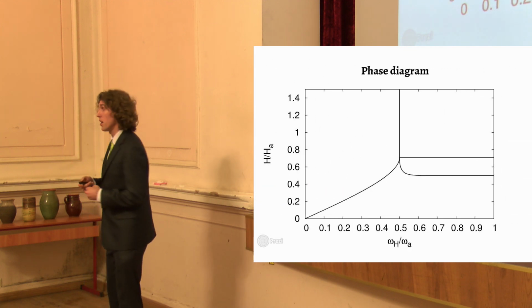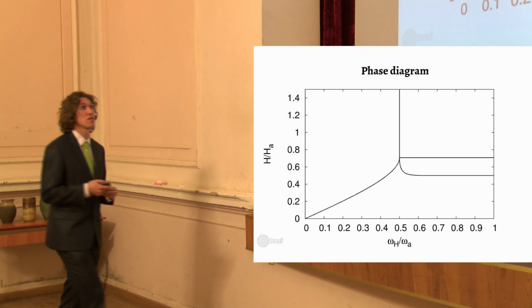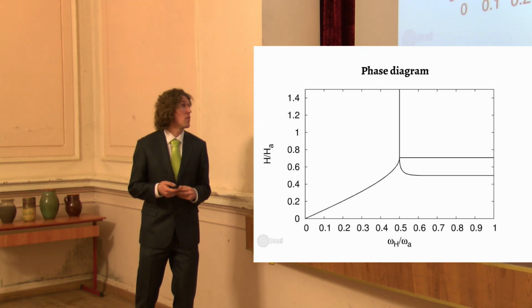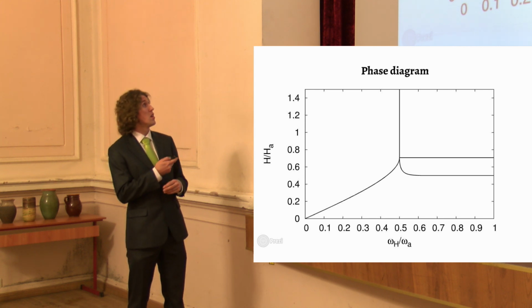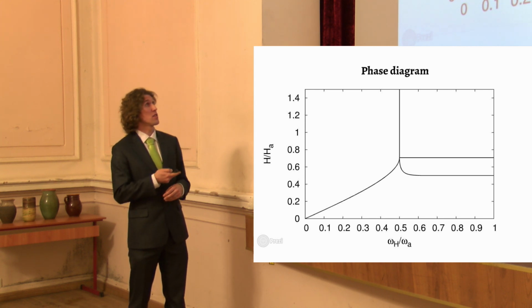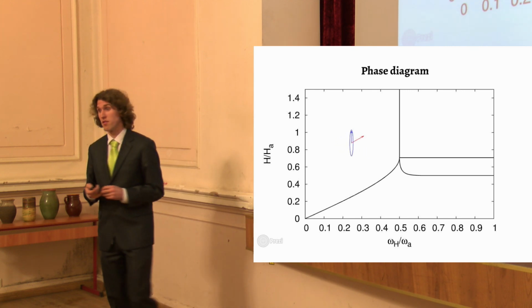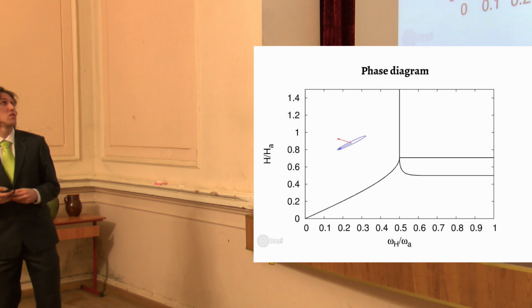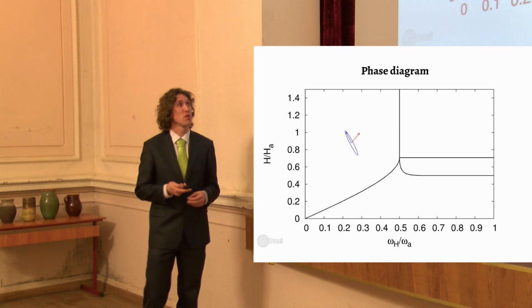And if we make a stability analysis of this particle, then we find that if the rotation frequency is low and the magnetic field is high enough, then the particle rotates with the external field. So large field, low frequency, synchronous rotation.